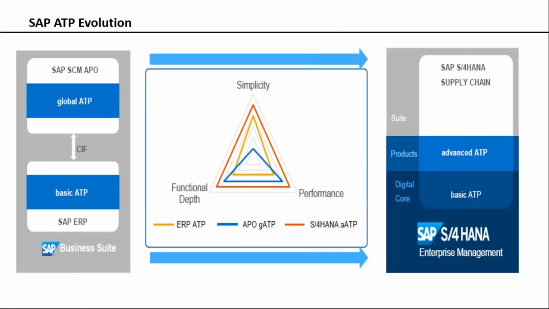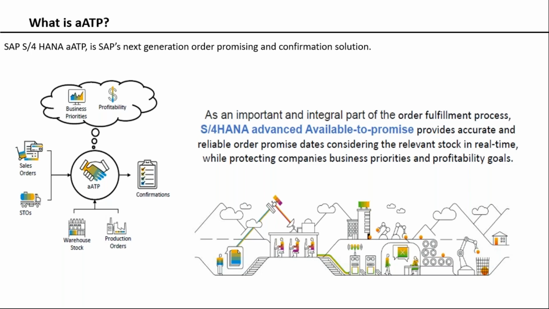So I'm moving to the next slide. The AATP is SAP's next generation order promising and confirmation solution. It is an important and integral part of the order fulfillment process.